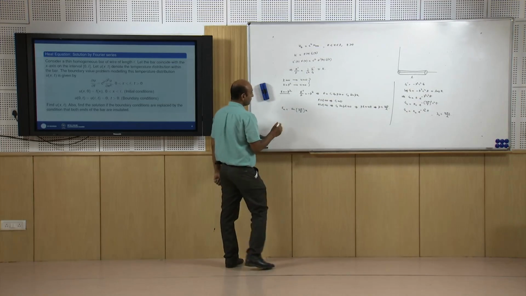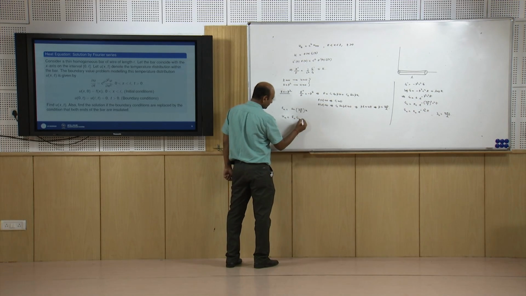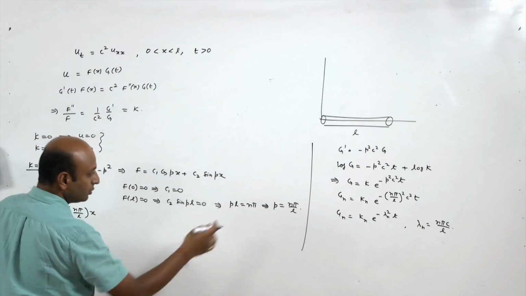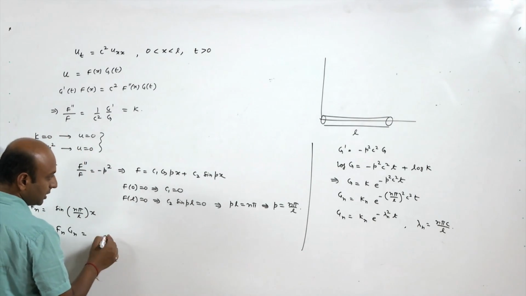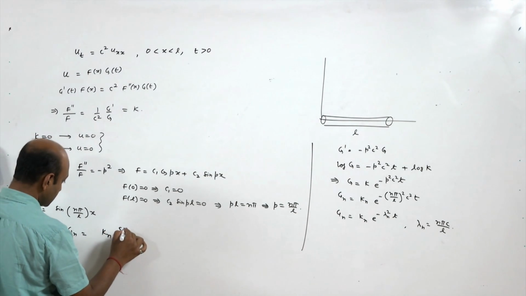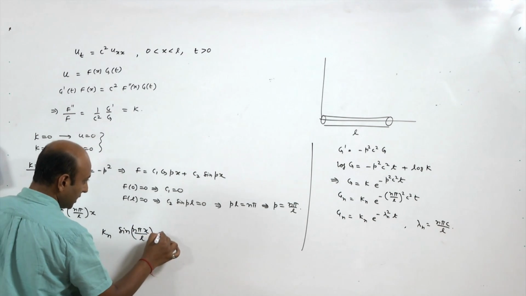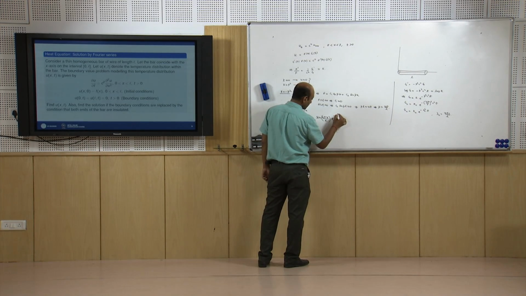So, what will be un now? Un will be Fn into Gn. The multiplication of these two gives kn into sin(n pi x upon L) into e to the power minus lambda n square into t.